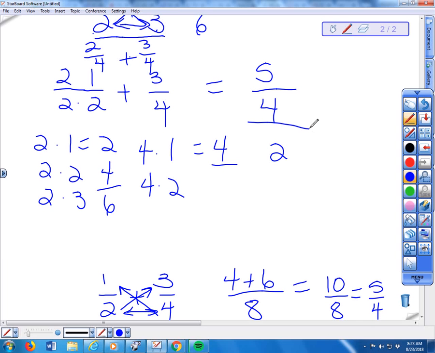I think the crisscross one is easier. Well, what happens with the crisscross, if you have a denominator that could have been used as the common denominator, like 4 in that last example, you're going to have one simplification at the end. Because we had 10/8, we had to do one more step.